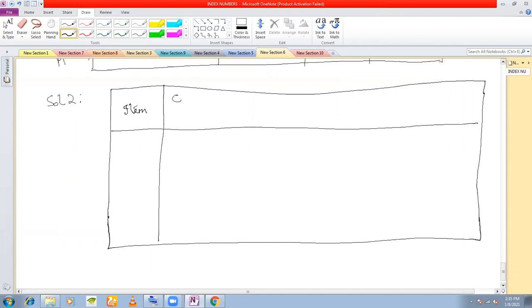Next, for your quantity, which is Q0. Next, for price in rupees in 2000.